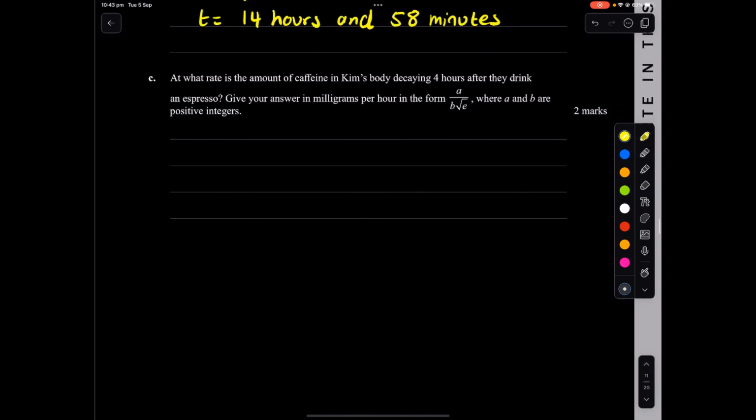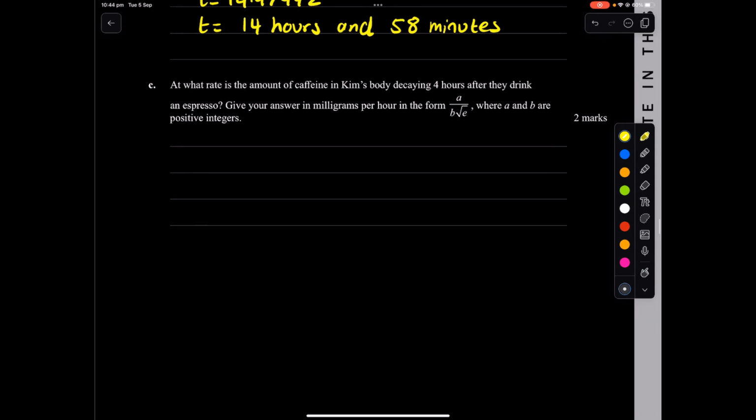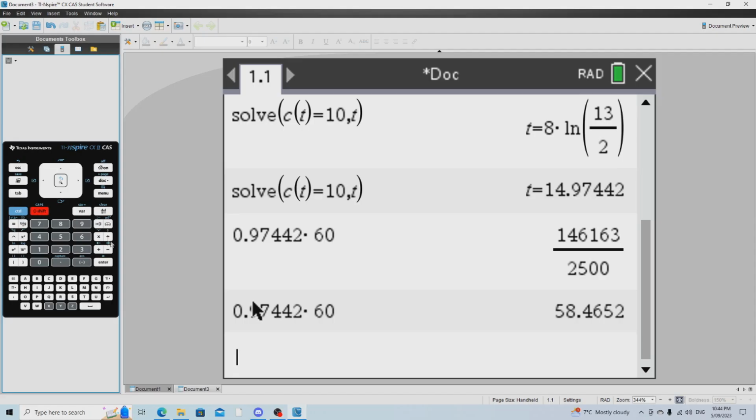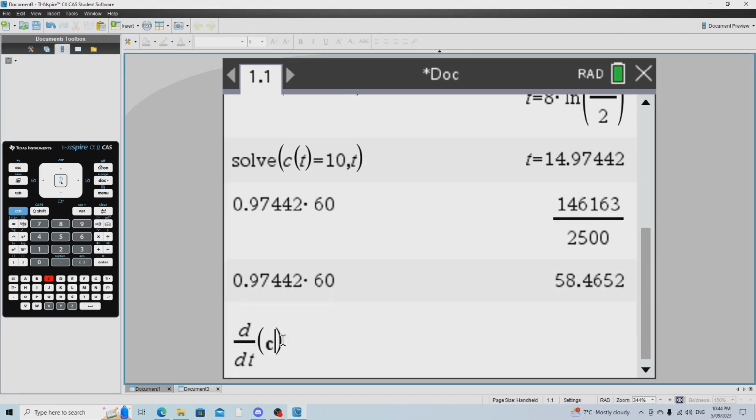Nice. At what rate is the amount of caffeine in Kim's body decaying, 4 hours after they drink it? So we want to find C dash on T. So shift this. So what's C on T?